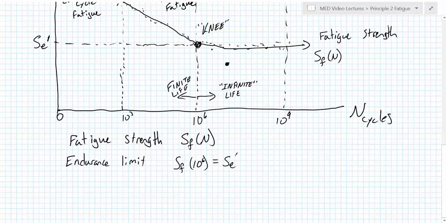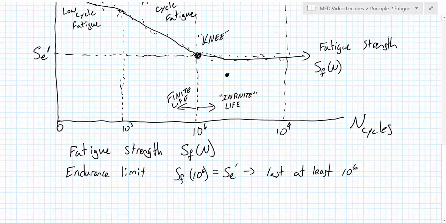This is our hypothetical endurance limit. That is, at this stress value, it will last at least 10 to the 6 cycles. We do not have a good way to say how many cycles it will last. We can only say it'll basically last 1,000,000 cycles, which should be good enough.